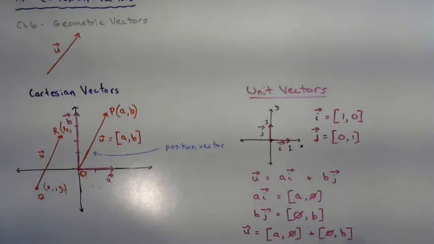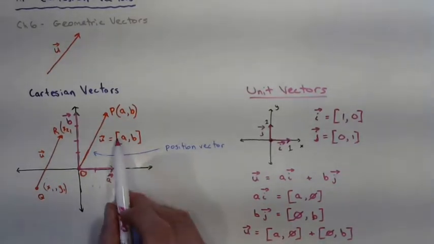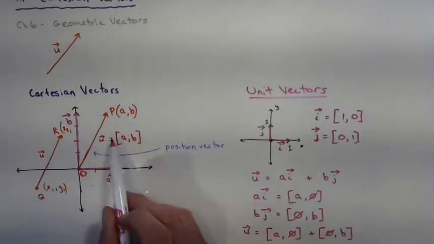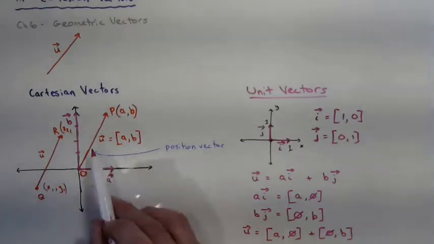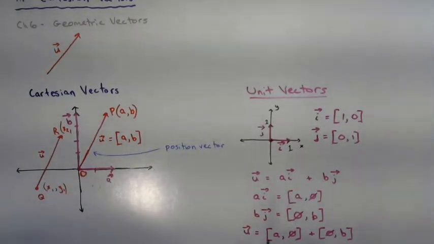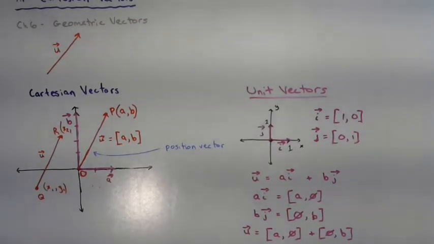So what we've established then, if U can be expressed as the vector [A, B], and it's any vector in the Cartesian plane, then any vector in the Cartesian plane can be expressed as the sum of a horizontal vector and a vertical vector, its vector components.